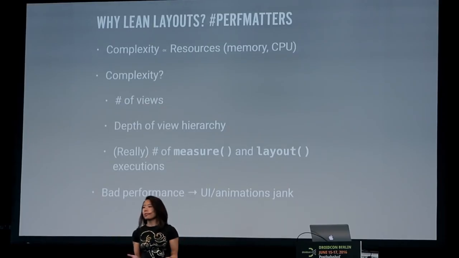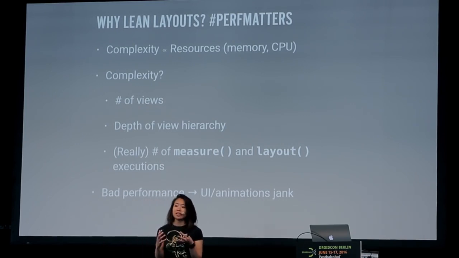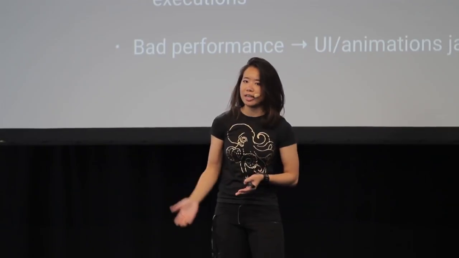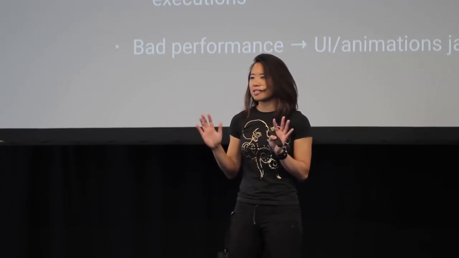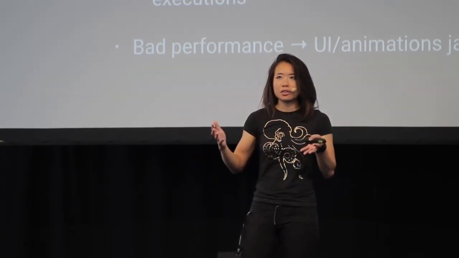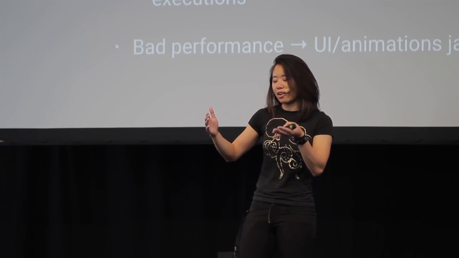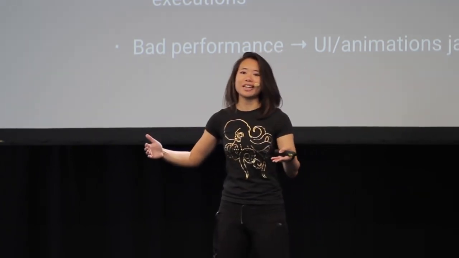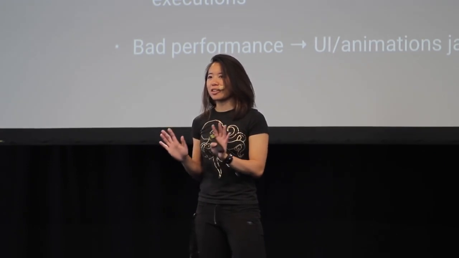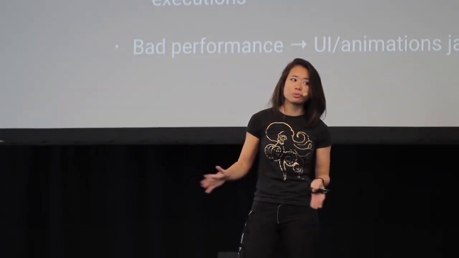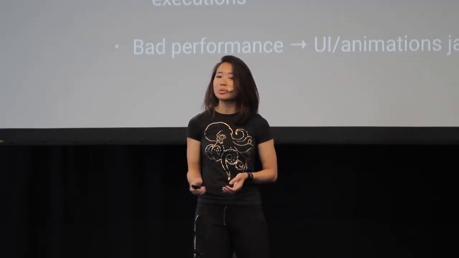But if you're writing a particularly intricate or complex interaction, or you have a lot of dense data that you're trying to display, you can sometimes run into bad performance with measure and layout, and you'll get bad UI performance, you'll get janky and stuttery animations. And really, in our Android world, we talk about material design and motion design and animations. So having janky and stuttery animations in UI is just not acceptable. So we have to deal with these things.